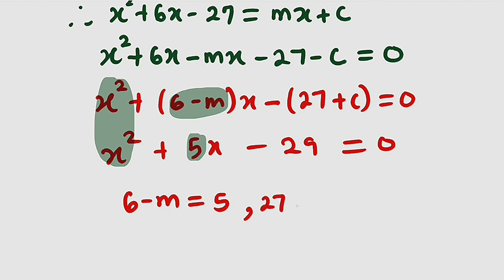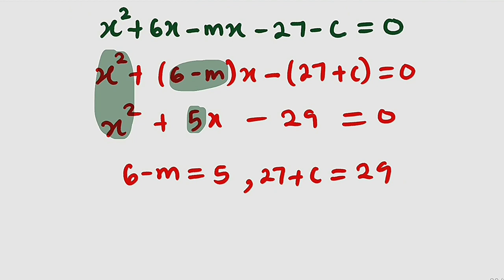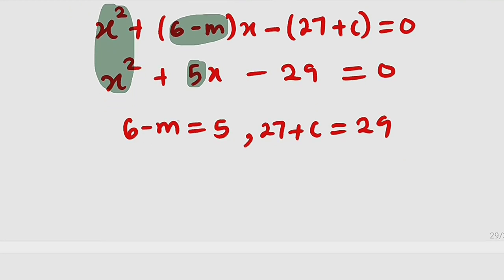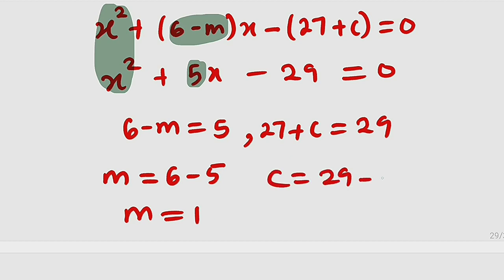And therefore, 27 plus c must be 29. So if you take this one to the other side, it becomes positive m. You bring 5 backward, it becomes 6 minus 5, and m equals 1. And c here is equal to 29 minus 27, and c equals 2.